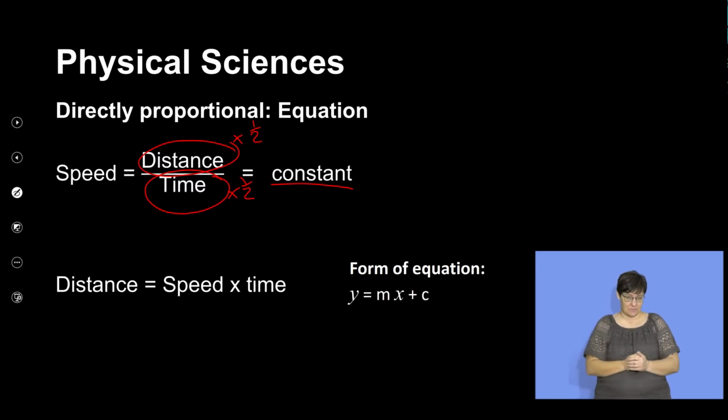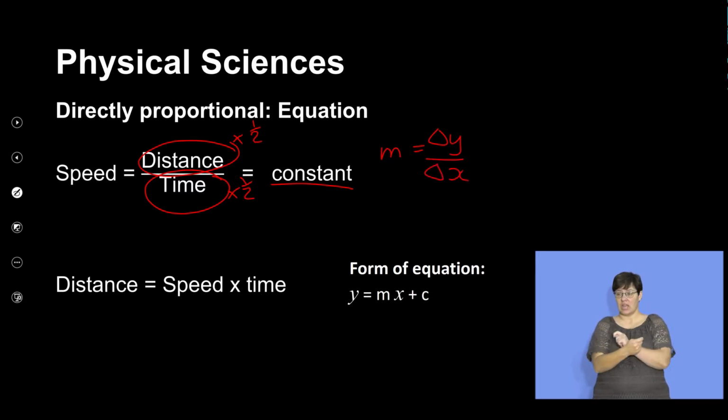This isn't in the form of y equals mx plus c. It's just in the form of a constant gradient. It's in the form where we're showing the gradient is the change in y over the change in x. But we can unwrap that. We can multiply through some things, and we can get distance on its own. So we're going to say, let's make distance, which was the dependent variable, equal to the speed, which is the constant.